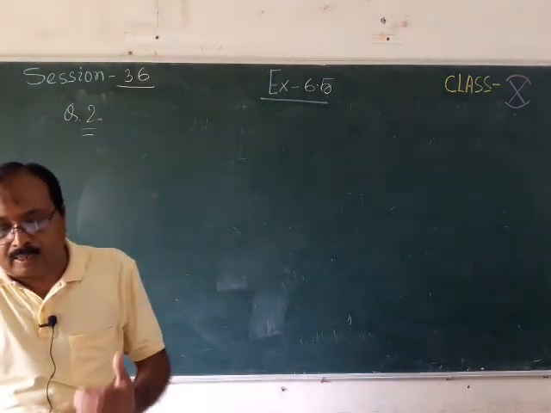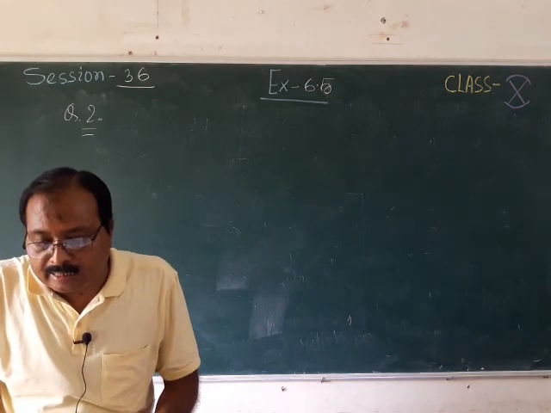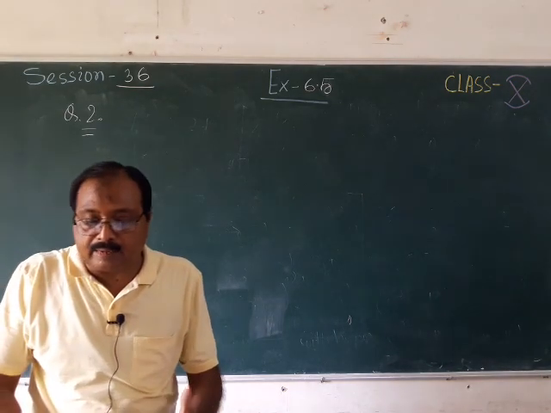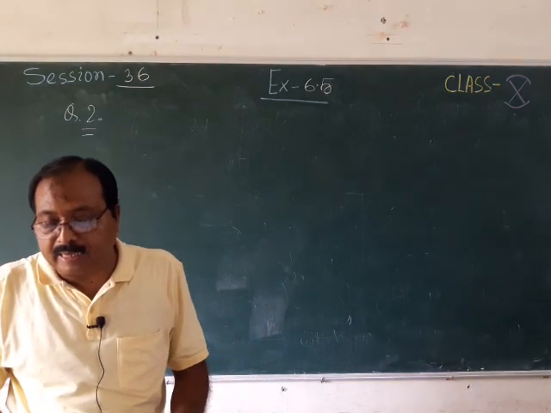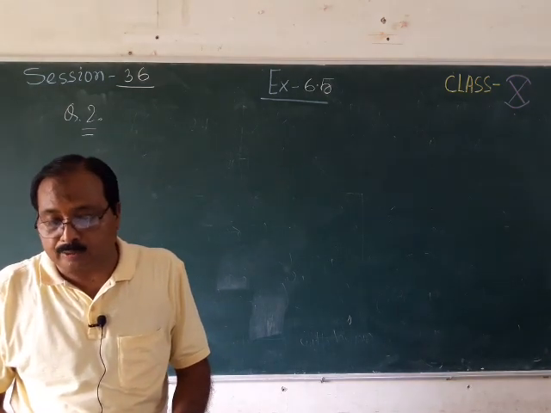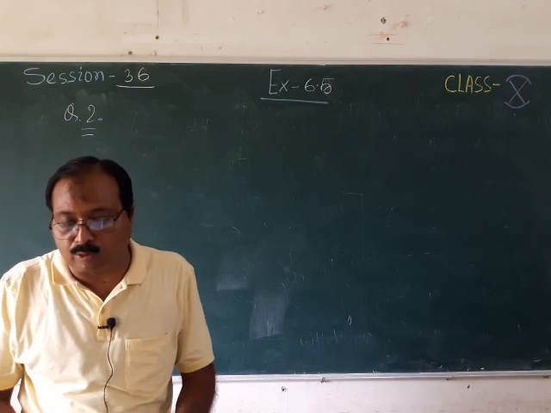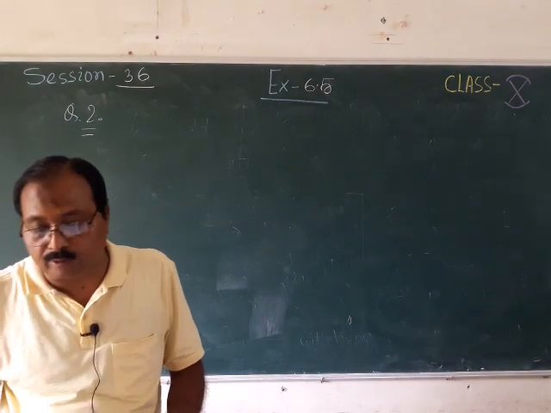PQR is a triangle, right angle at P, and M is a point on QR such that PM is perpendicular to QR, so that PM square equals QM into MR. Very good.